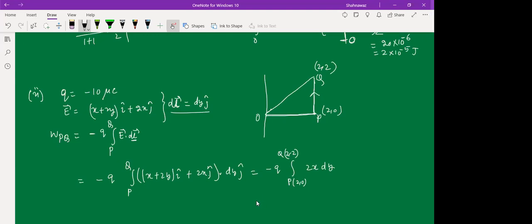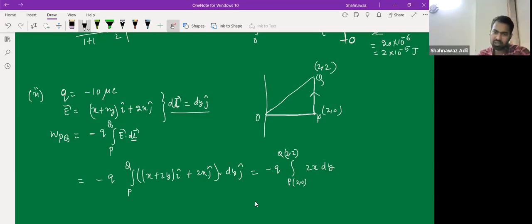Okay, so now you guys tell me x is not changing, right? X is fixed. So what is the value of x in moving from P to Q? X is constant, it is not varying. In path P to Q, x is not varying, only y was varying.